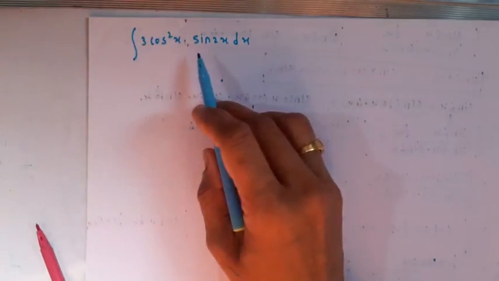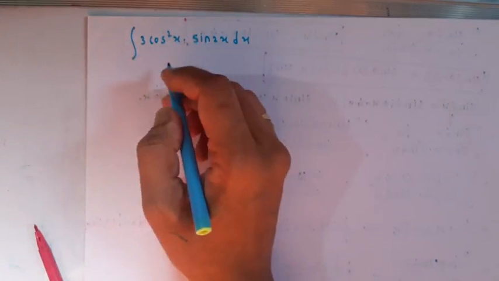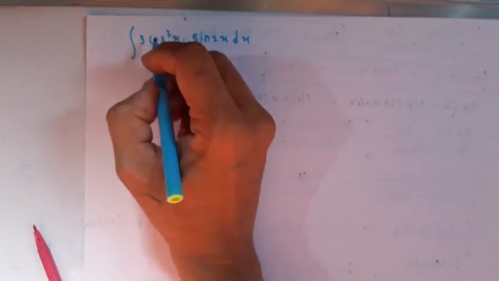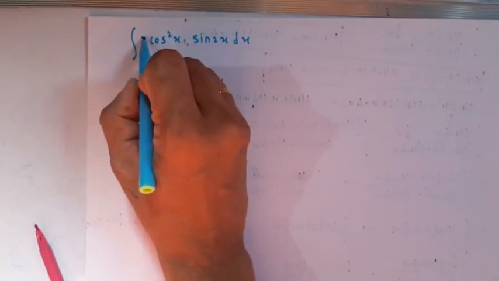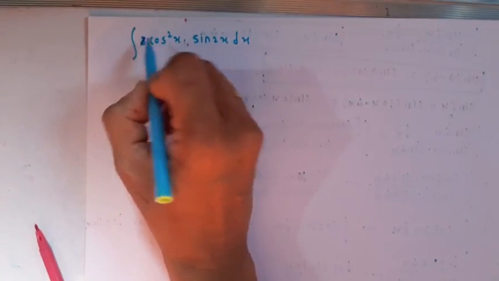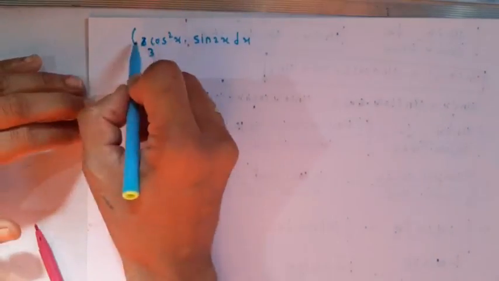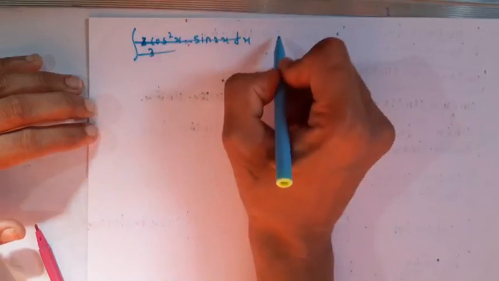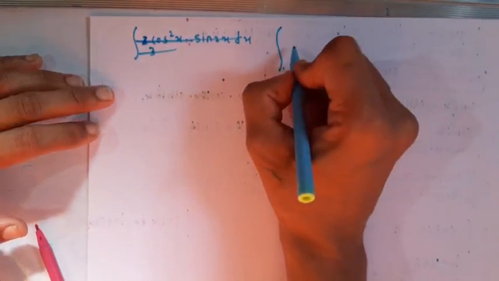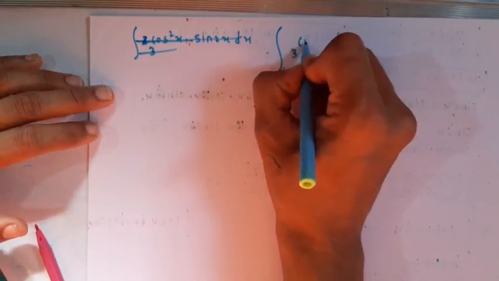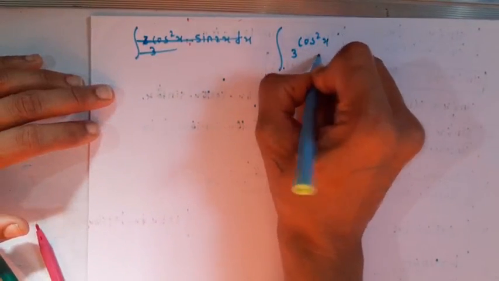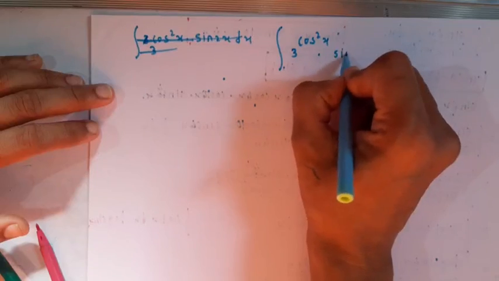Let us take the problem in this way, 3 raised to cos square x into sin of 2x.